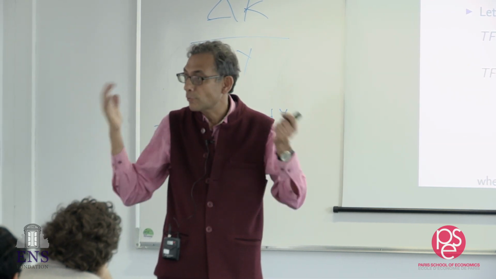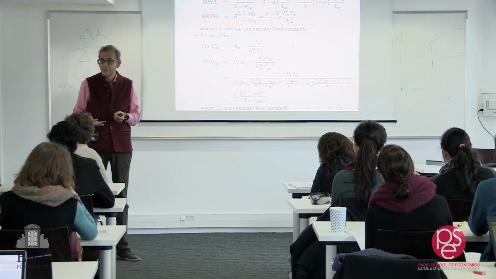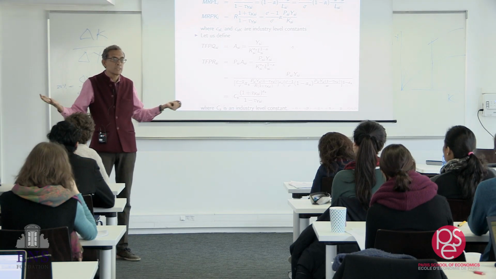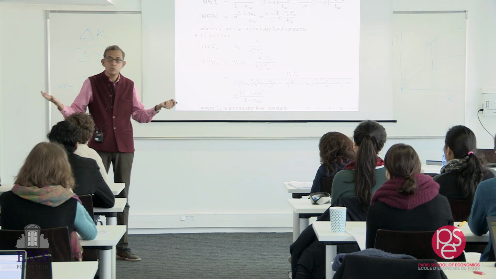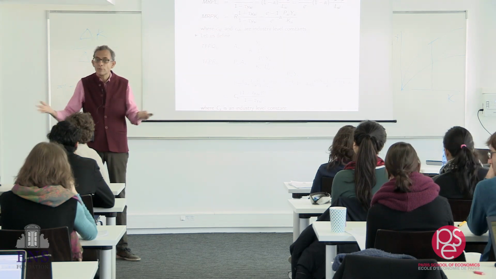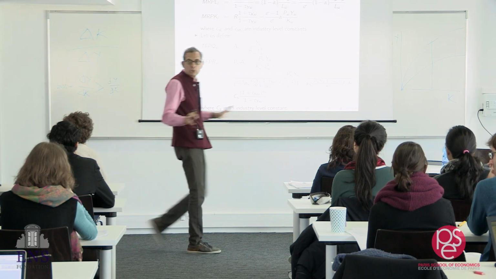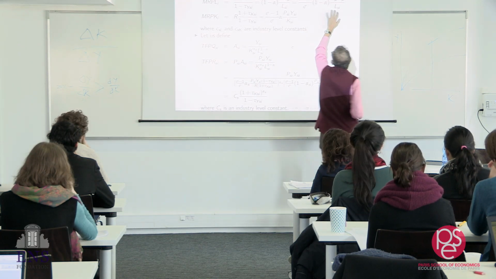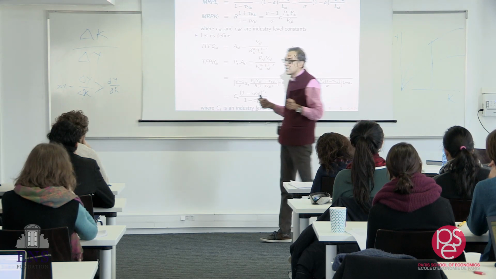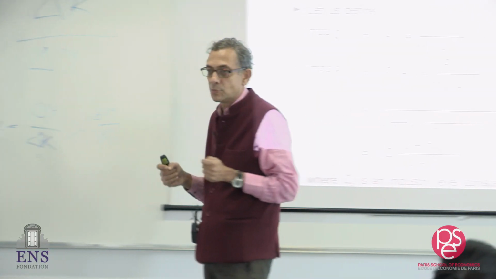The average product, of course, I observe in the data. In the firm level data, I know that they produced 100 units of output with 10 units of labor. I divide the two, I get average product. So all the structure in the paper goes into generating this relationship, which is that I can take the marginal product and replace it by the average product.